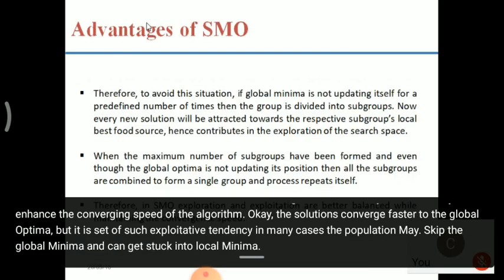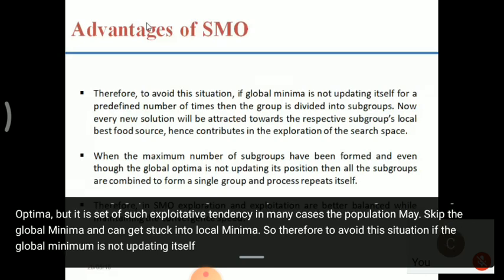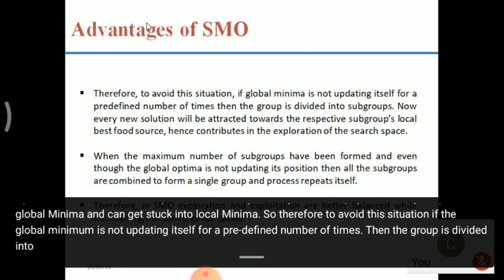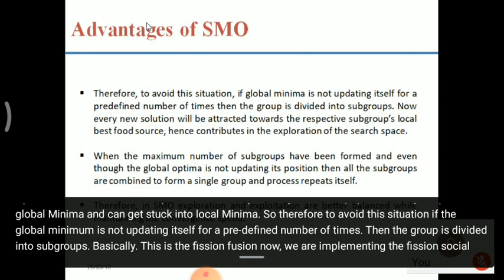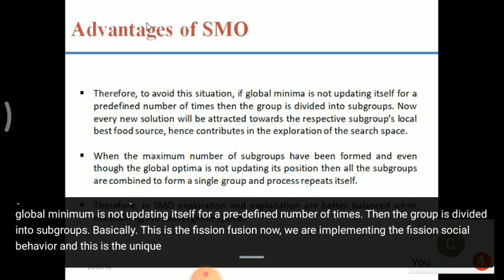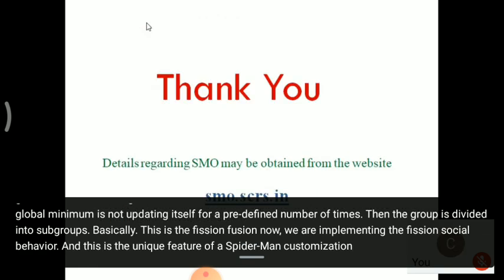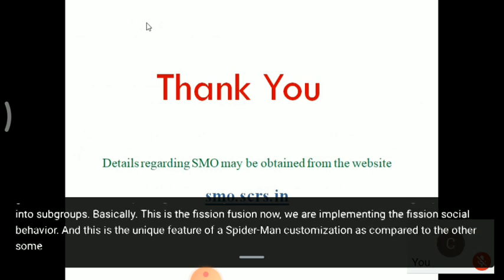Therefore, to avoid this situation, if the global minima is not updating itself for a predefined number of times, then the group is divided into subgroups. Basically, this is the fission. Now we are implementing the fission-fusion social behavior, and this is the unique feature of spider monkey optimization as compared to other swarm intelligence based algorithms.